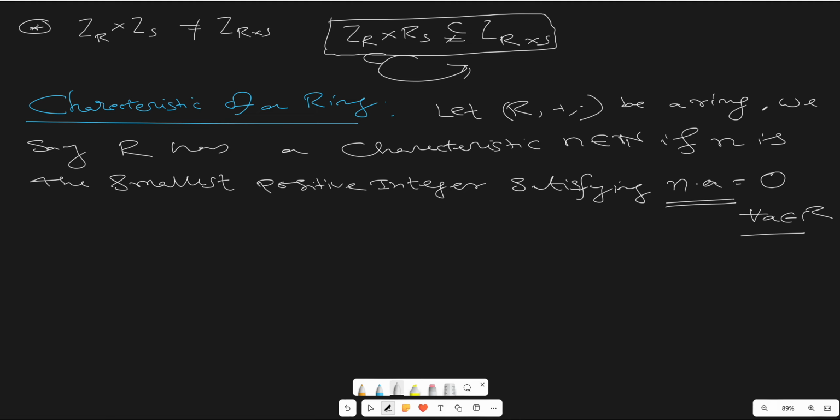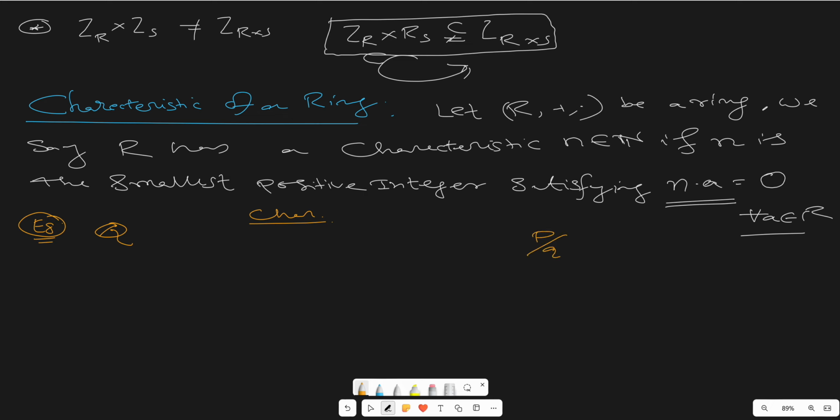So what are some examples? Suppose you have the ring Q, the ring of rational numbers. What is the characteristic? Can you find it for Q? The elements are p by q, where q is not equal to 0.